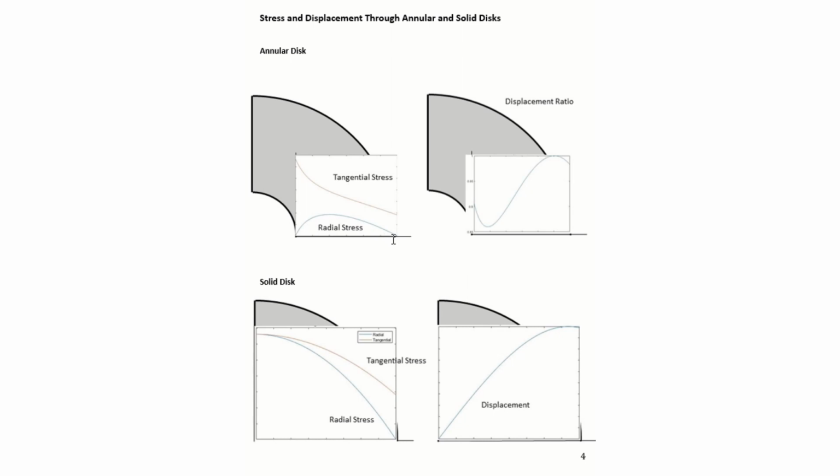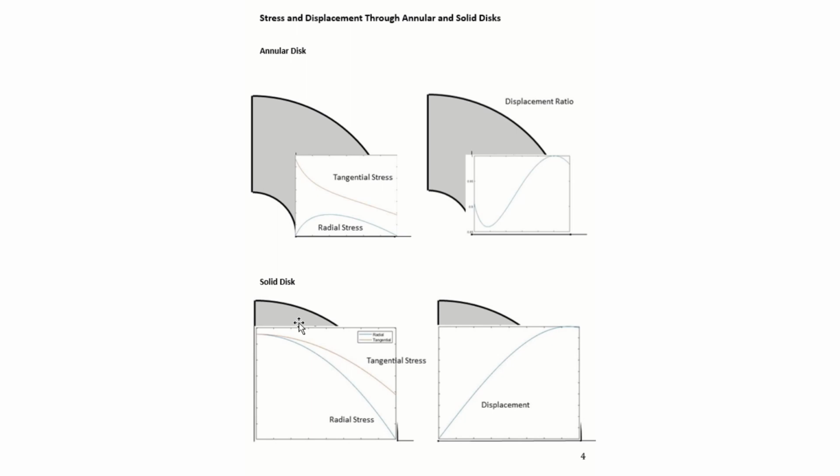It's 0 at the boundaries and then peaks into the depth of the annular disk. This displacement plot is kind of confusing, but the thing that you'll note is that there's very little difference between this point and this point here. But the displacements are nonlinear through there and do vary.